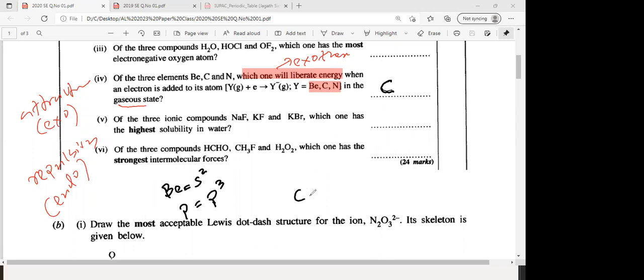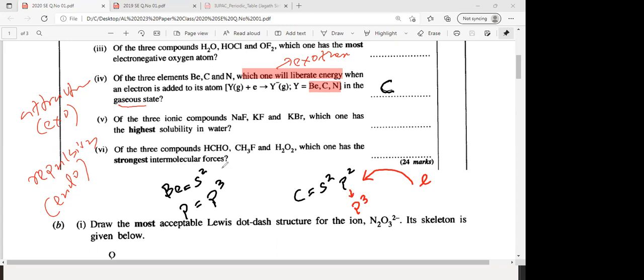Now, carbon is 2s2 2p2. Which one is easy to add an electron to? Carbon is willing to make it p3, no? Carbon can get the electron most easily because it will go from p2 to p3.